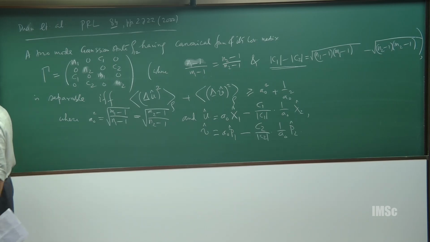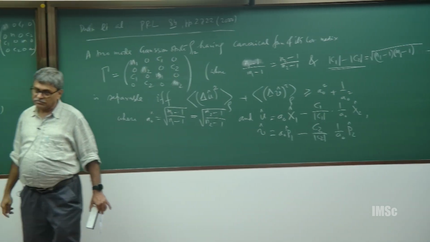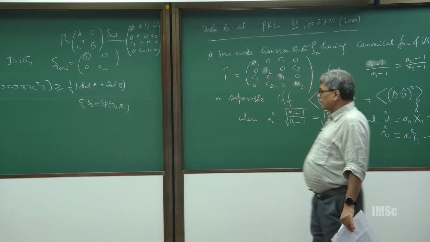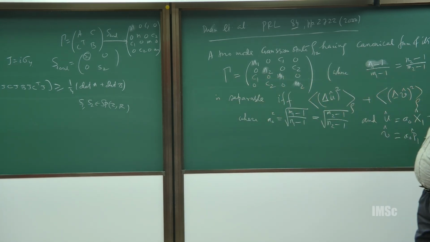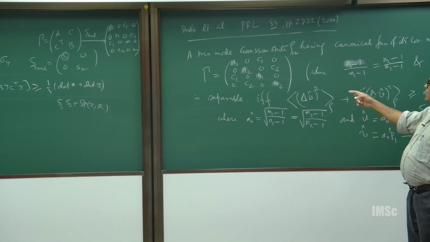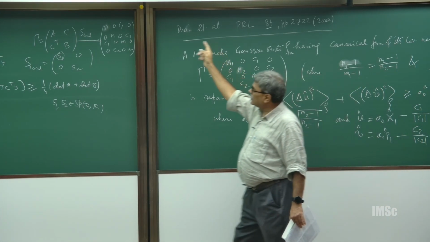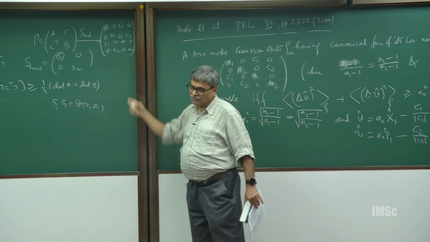Even if N1 and N2 are the same and M1 and M2 are the same, even then I cannot claim this. So that condition is something extra beyond the validity. Yes, so therefore I cannot simply take N1 equal to N2 and M1 equal to M2 and get the condition corresponding to this kind of canonical form.